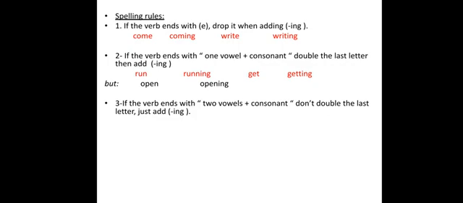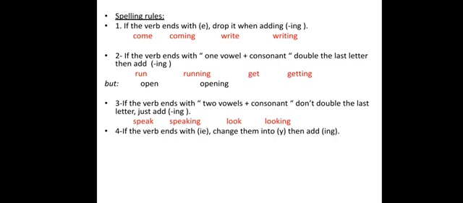If the verb ends with two vowels, not only one vowel but two vowels plus a consonant, don't double the last letter, just add ing. For example, speak, speaking, looking. If the verb ends with ie, the two letters ie, if they are at the end of the verb, we change them into y and then we add ing.